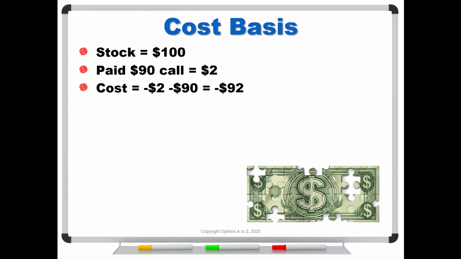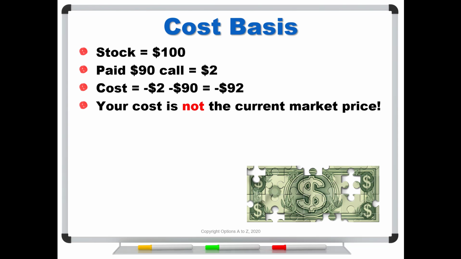And with a stock at 100, you would have an unrealized gain of 8. But the point to understand is that your cost is not the current market price. And that's because you didn't pay 10, and therefore it's a very big mistake to say that we have to account for it as a cost. And if you're making bad decisions with the calculations, you're making bad decisions with your money.